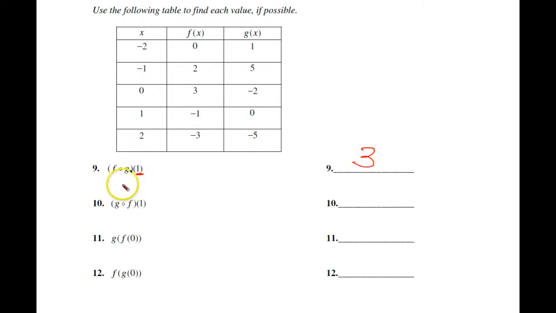Now, reversing that, here our x value is 1, but for f. So we go 1. We now go to our f column, which is negative 1. Go back to the x column, negative 1, and then we then go to the g column, which is 5.